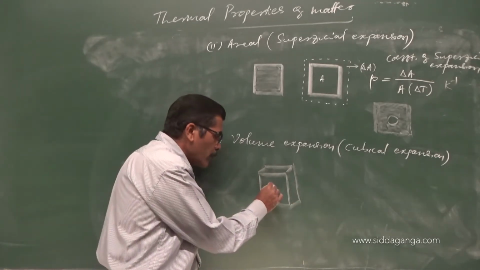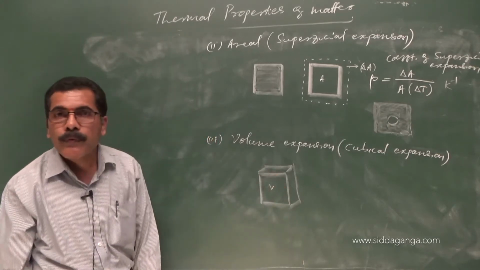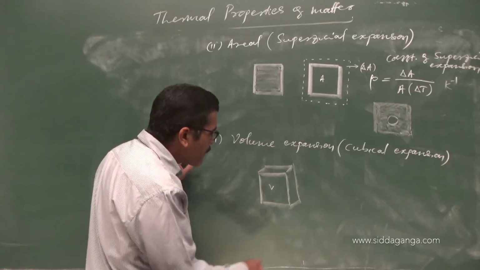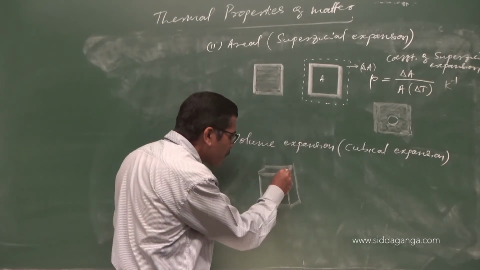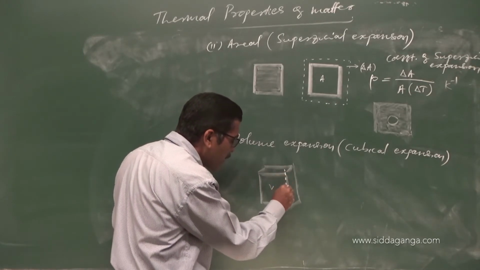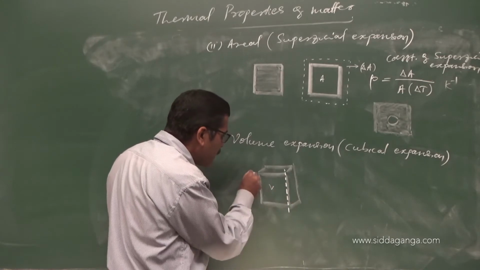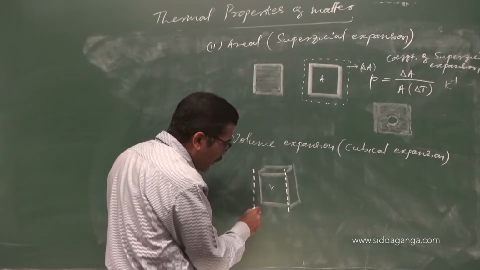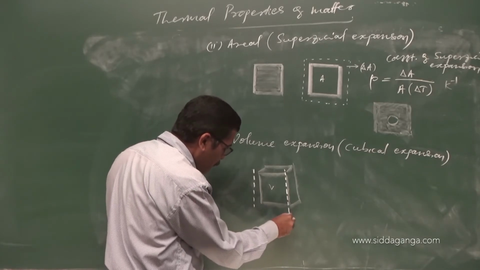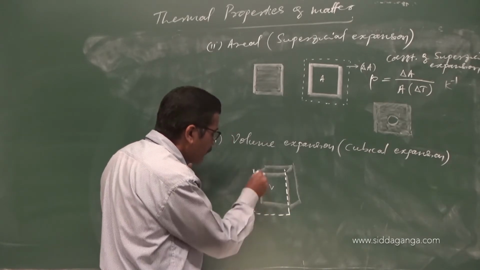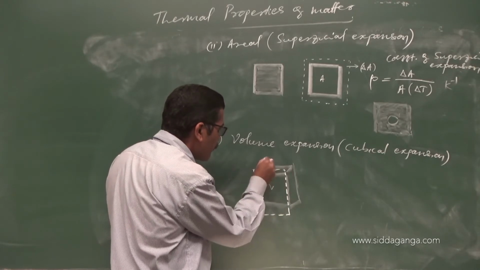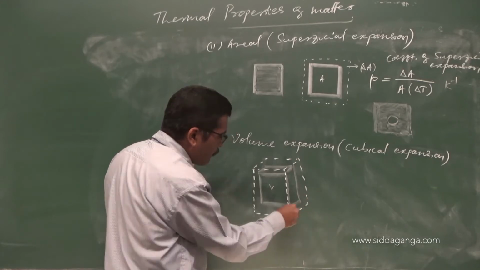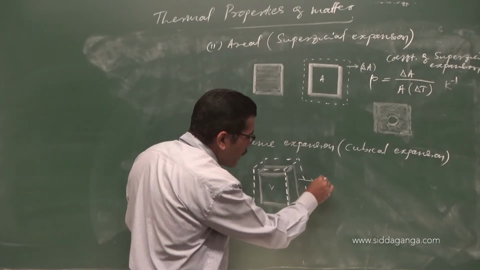The original volume of the cube is V. You are supplying heat to this cube, and as a result, you will find that there is a small increase in its volume. And I indicate this by delta V.